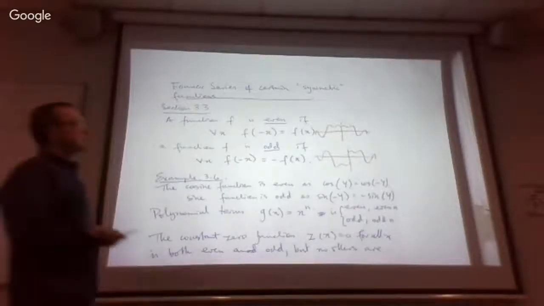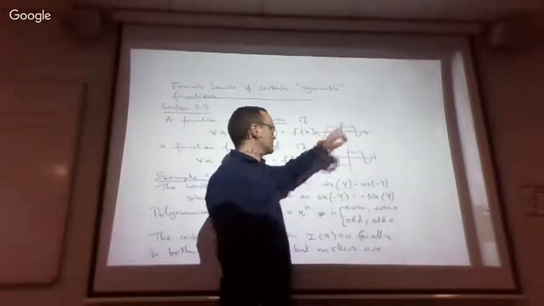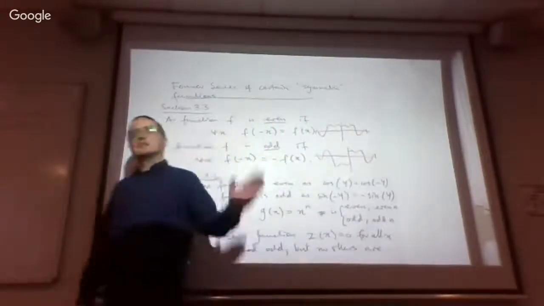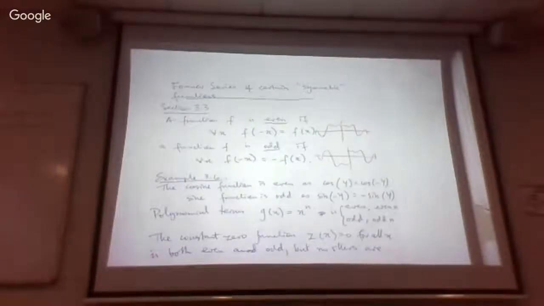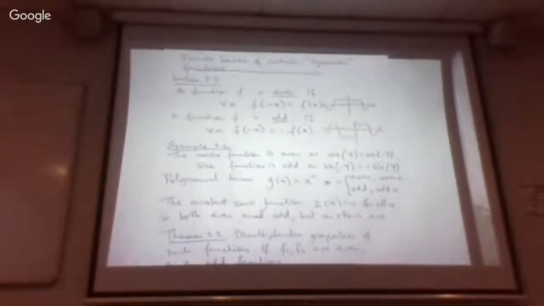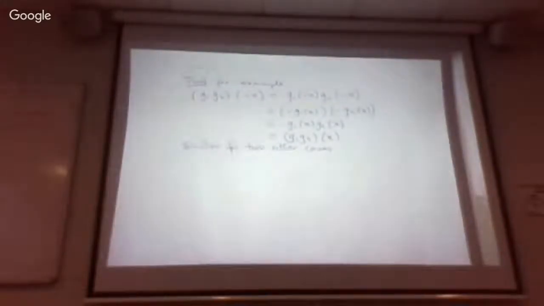So the integral of an even function across an interval centered at the origin is twice the integral across the positive half. The integral of an odd function centered at the origin is going to be 0. And that's going to very much affect the behavior of the Fourier coefficients. Some of them are going to be 0, some of them not. So in theorem 3.3, we just have the statement of those two properties about integrals.